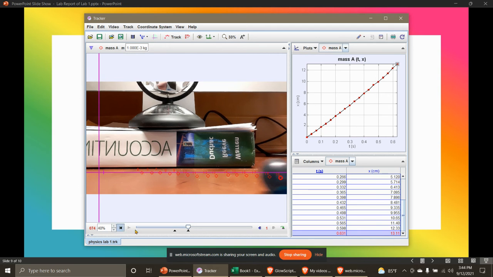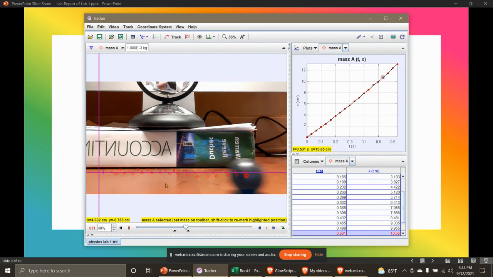As you can see, when it was going around, it's moving at a constant pace, and that's my push. The one trying to pull back at the ball is friction and air resistance. Those two combined actually cancel each other out and made it an F net equals 0 situation, which means it's a constant velocity.